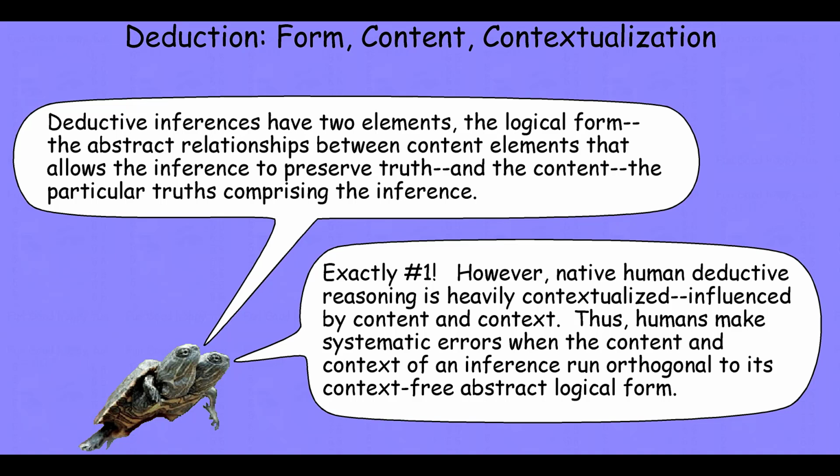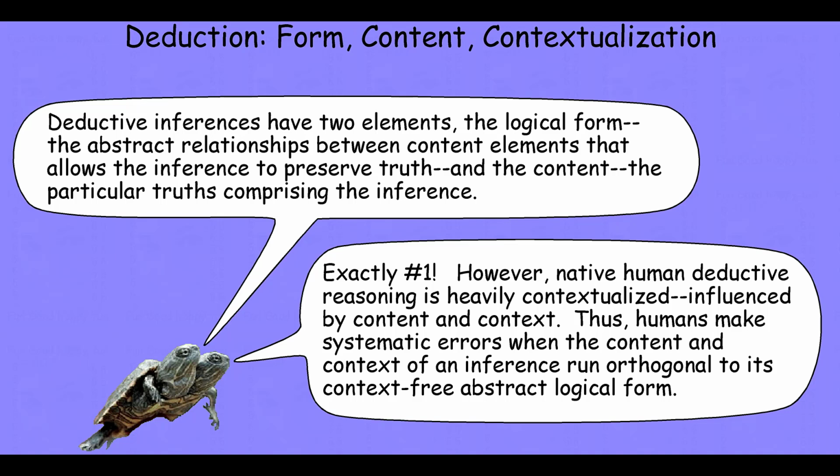However, what we discovered is that in System 1 inference strategies, native human deductive inferences are heavily contextualized, as are all System 1 inference strategies. That is, they're heavily driven by information about the content and the context in which a particular inference problem is presented.